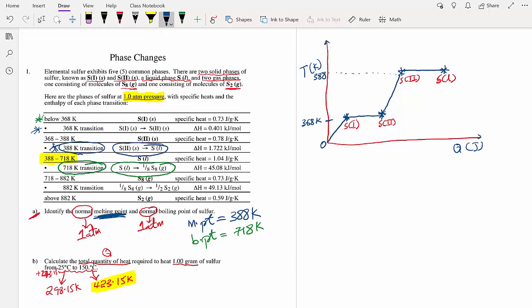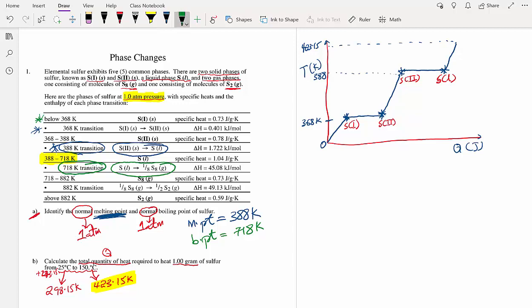So we will heat until we get to 423.15 Kelvin. We need to calculate the total amount of energy required to complete this curve. Let us now look at how we're going to accomplish that.